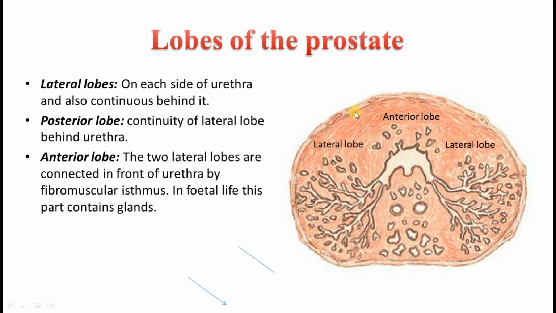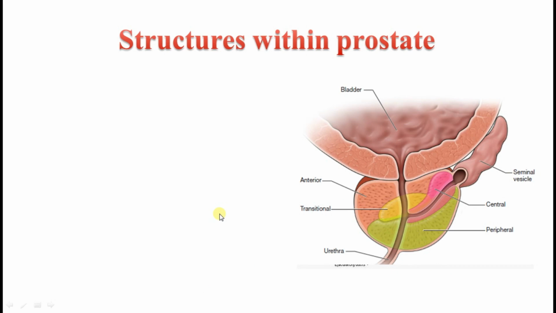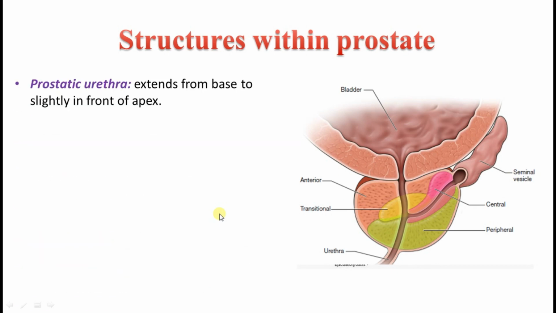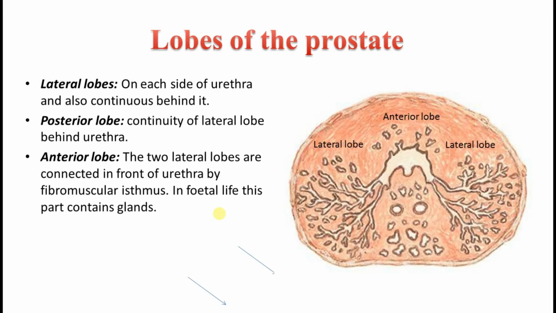So lateral lobes, and one median lobe, but anterior and posterior lobe. So the anterior lobe is connected in front of the urethra by the fibromuscular isthmus. In children, it contains mainly glands, mainly mucous glands. Okay. So that is the demarcation of the prostate gland into various lobes.